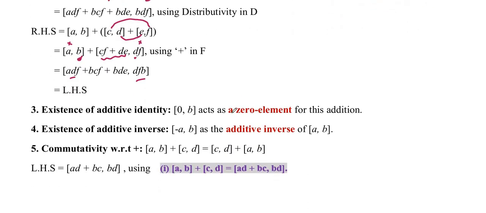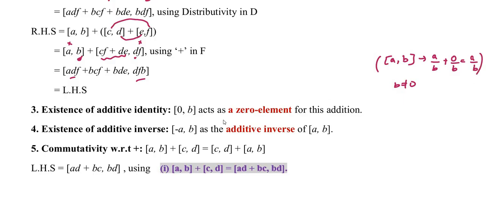Now existence of additive identity. See, you have any element in this one, that is in F to be this. We said already that it can be recognized as A by B. And to this, when you add 0 by B, where remember B not equal to 0, what you get is A by B itself.